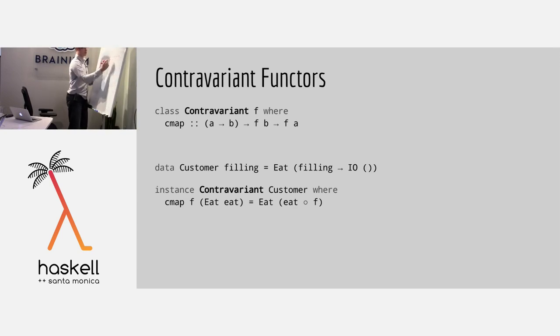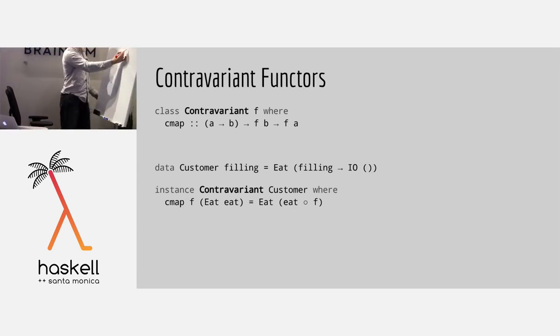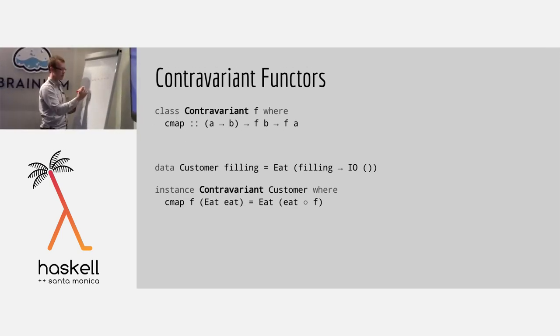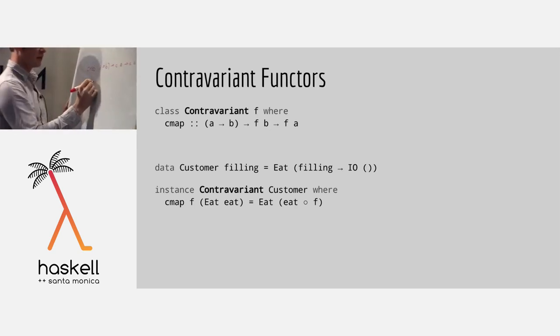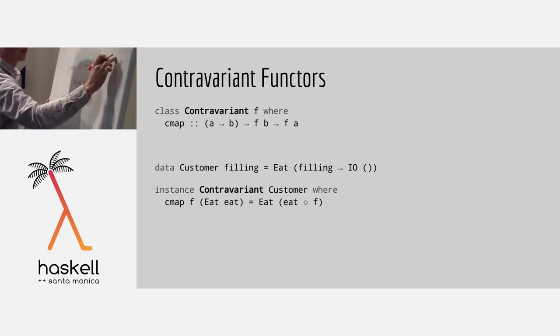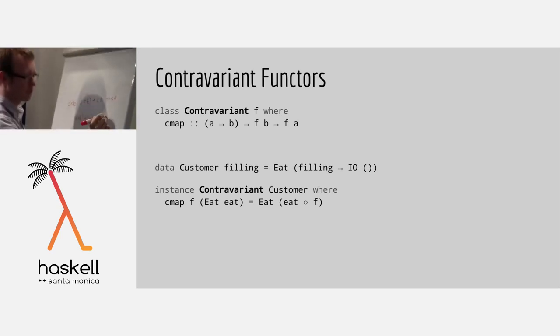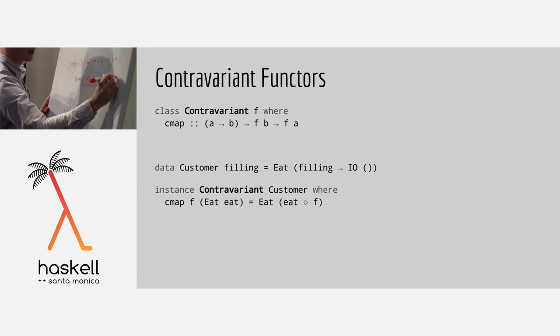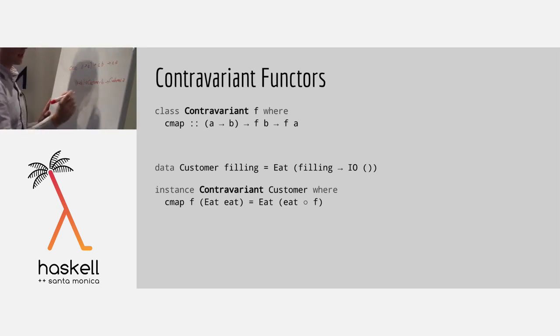Okay. So if we have some contravariant functor C, but we're just going to pick that to be customer. The one you wrote on the board is covariant. Yes, it is. I'm sorry. Thank you. Okay. So I have a customer B. Let's pick this to be a cooking function.